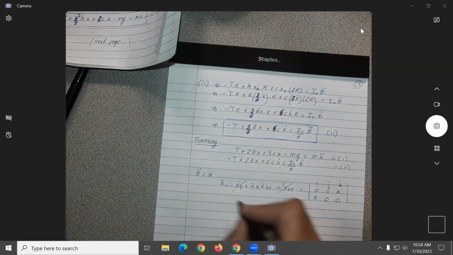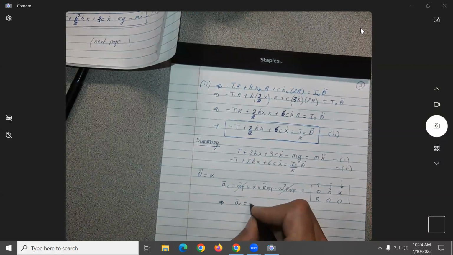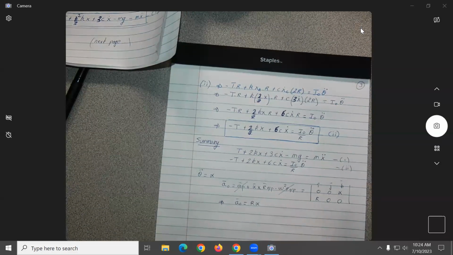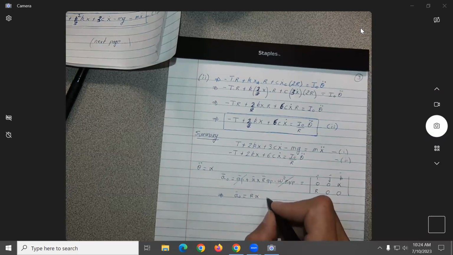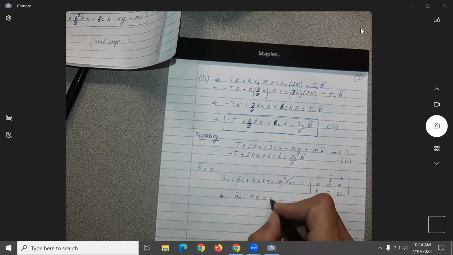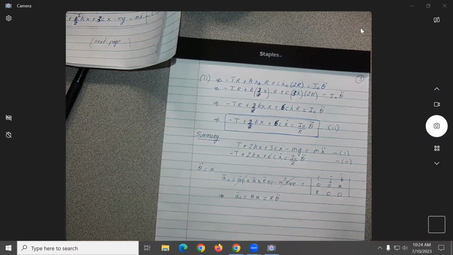If you look at this equation, this is going to give us that A sub naught will be equal to R alpha, or this will be equal to R theta double dot.